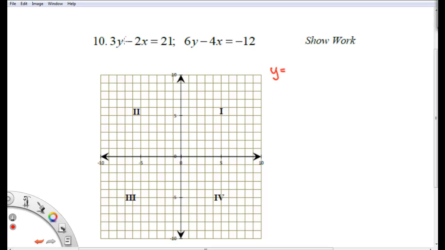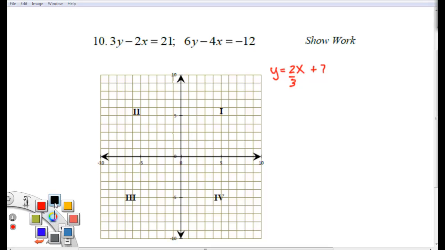The x term is a negative 2x, so I'm going to add 2x to each side. It'll be gone on the left side, it'll move over to the right and change signs, and then I'm going to divide through by 3, and then 3 into 21 will give me a 7.